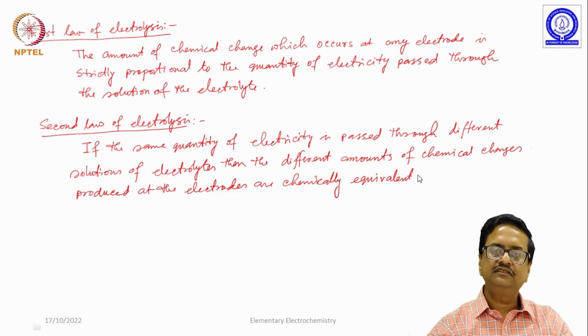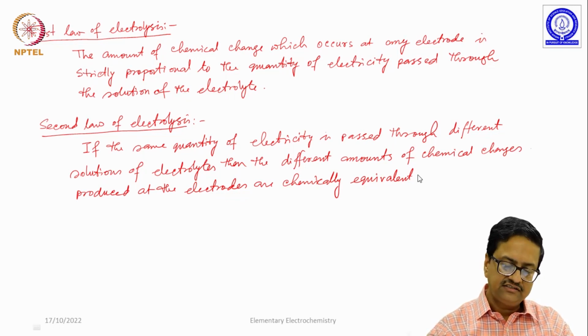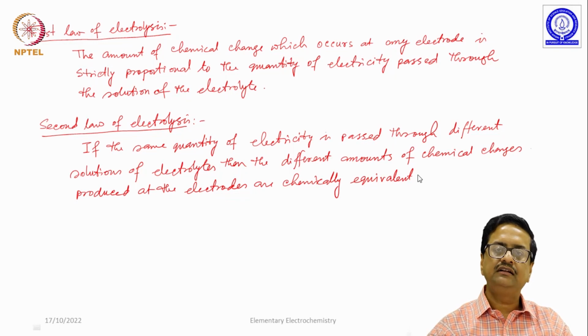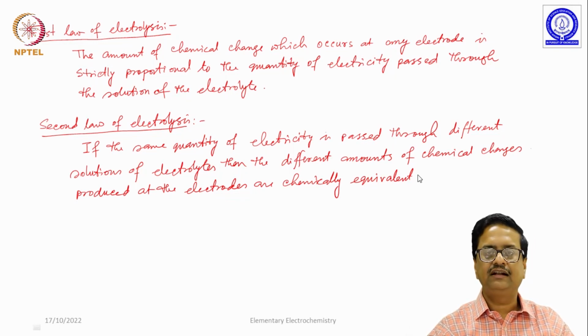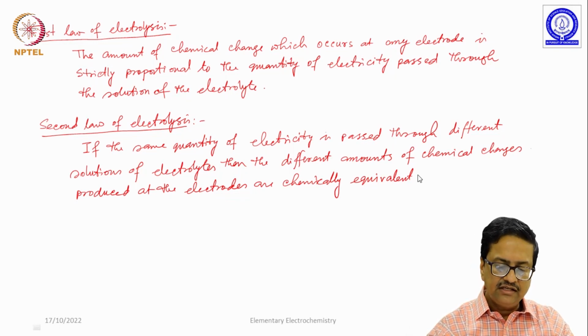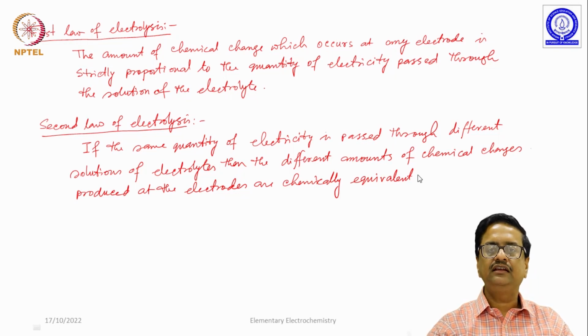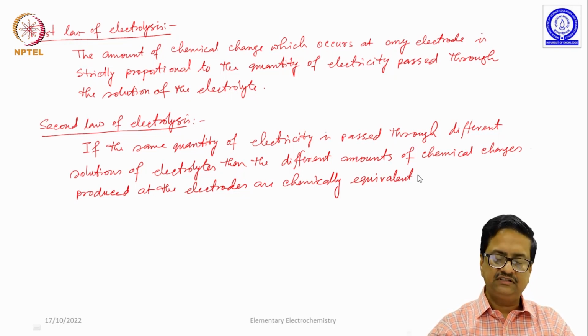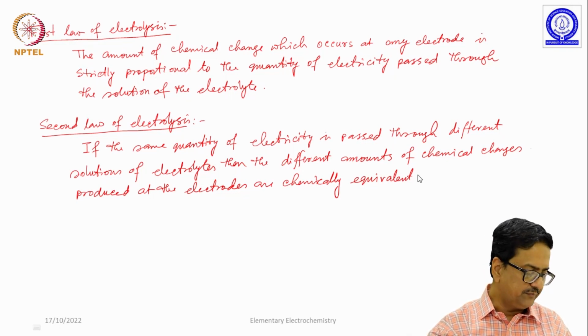And if you pass the same quantity of electricity through different solutions of different electrolytes, then the chemically equivalent amount of substance generated will be the same if the quantity of electricity that is passed is the same.